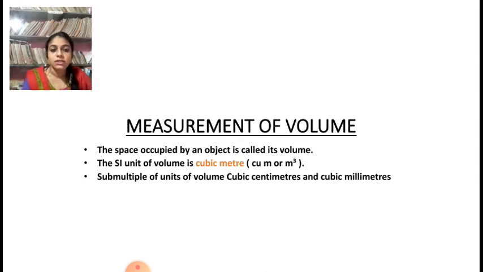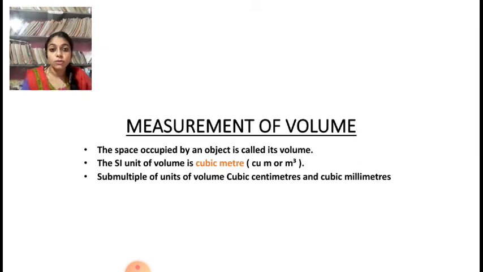The first thing is the definition, that is, the space occupied by an object is called its volume. The major difference between area and volume is that for measuring the area of a particular solid shape, we take only the outline. For a square we use the sides, and for the rectangle we use the length as well as breadth, isn't it?